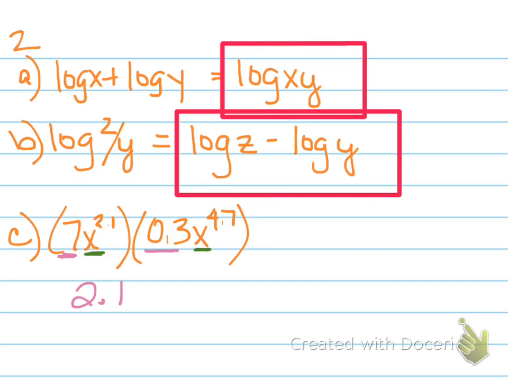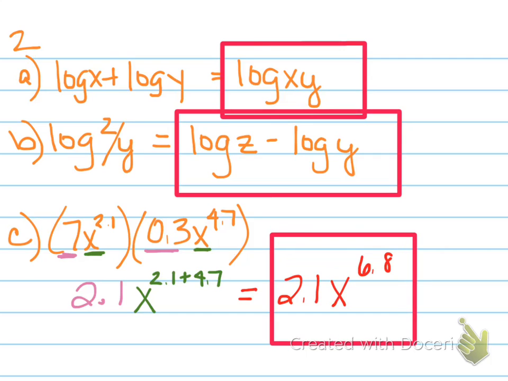When I multiply the same bases, I add my exponents. So this becomes x to the 2.1 plus 4.7 power, which in the end equals 2.1 times x to the 6.8 power. And there's the answer for C.